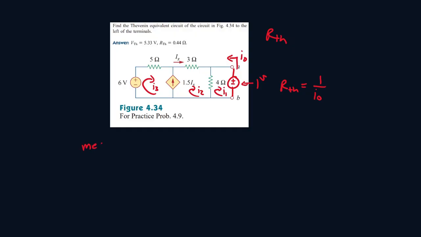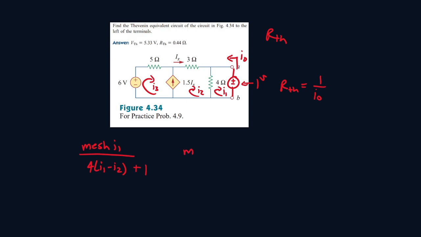So mesh I1, it'll be 4 times I1 minus I2 plus 1.